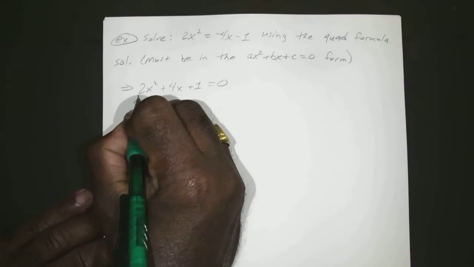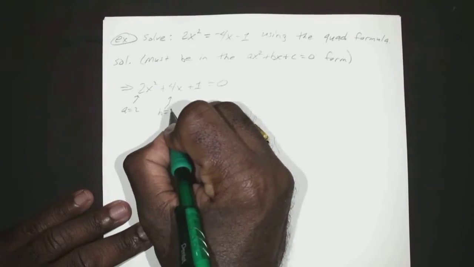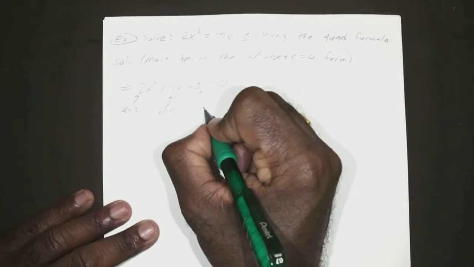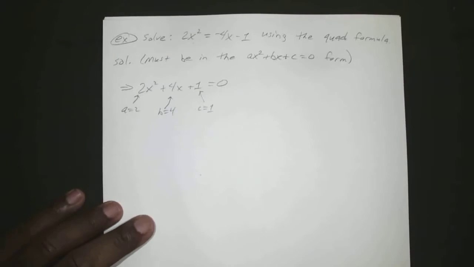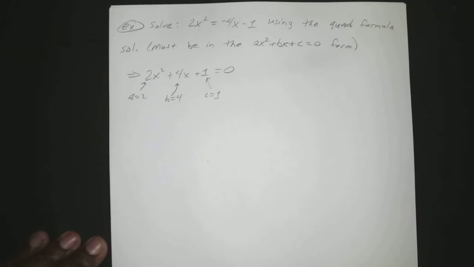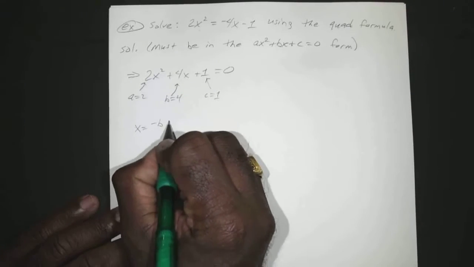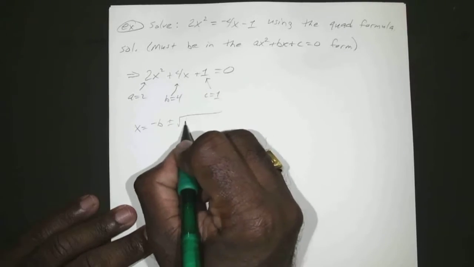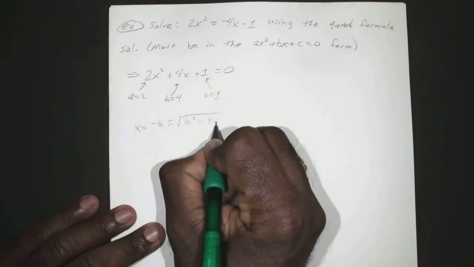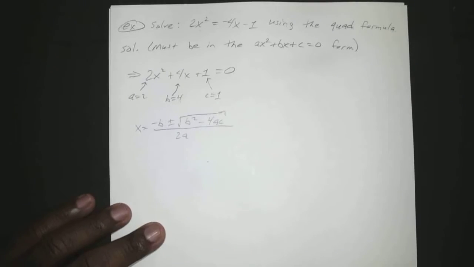Okay. So we know our a is equal to 2. Our b is equal to 4. And our c is equal to 1. Okay, so now we just plug it in. So x equals negative b plus or minus the square root of b squared minus 4ac all over 2a.